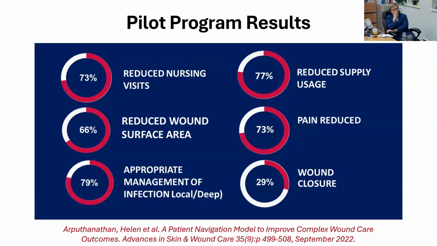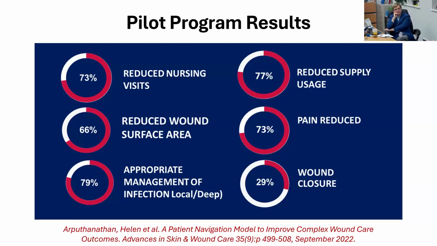Next one. What we did was, in 29%, we closed the wound and discharged them, but we needed the discharge as a support structure. 66% had reduced wound area. When we looked at this, we were able to reduce nursing visits in 73% and reduce supply usage by 77%.